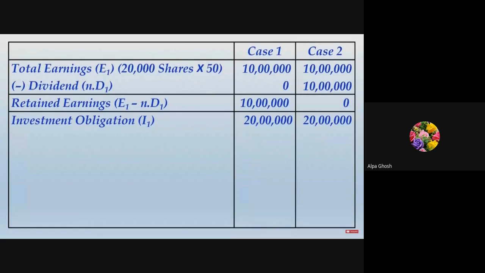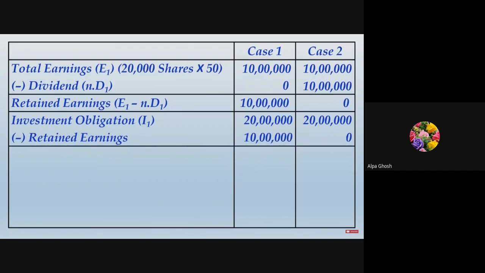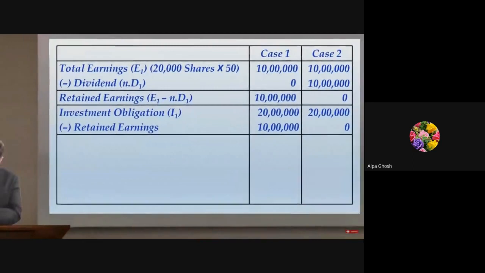So now in case 1, out of the 20 lakhs requirement towards investment, we already have 10 lakhs available in the form of retained earnings. If we subtract that, we will get the remaining amount that is falling short in our investment. Let me explain in detail once again.